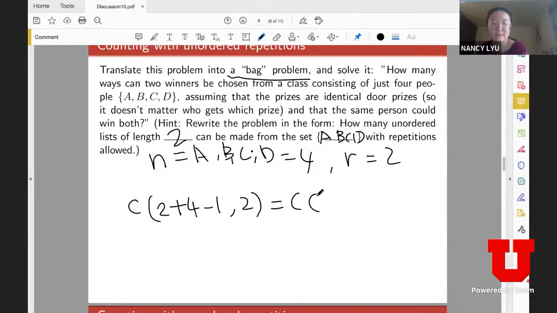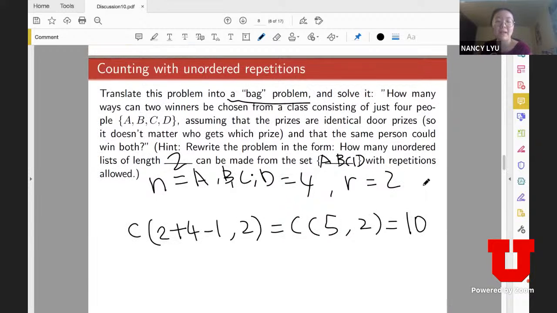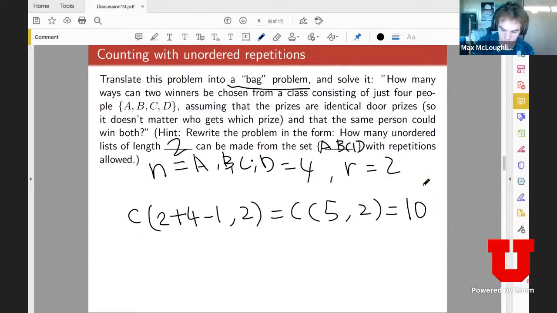And this will give us C(5,2), which should be equal to 10. Does that answer your question about the difference between the bag problem and the set? Yeah, I think so. Okay. Does anyone have any other question about this one?